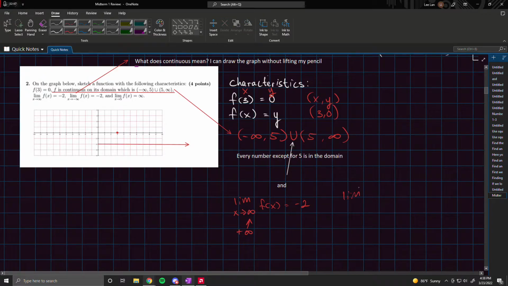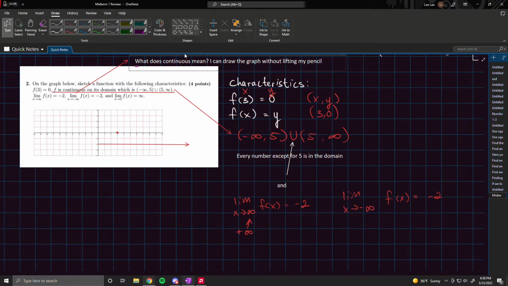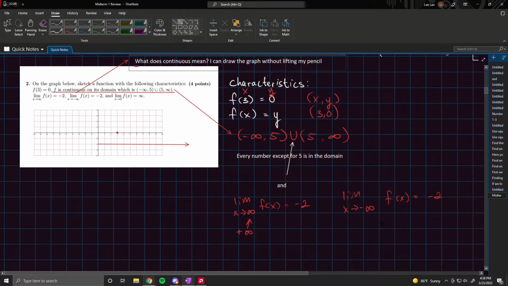We have limit as x approaches negative infinity of the function is also -2. Okay, cool. So using the same logic, if I plug in very large negative numbers, I will also get -2. So I have a horizontal asymptote at -2 as well.